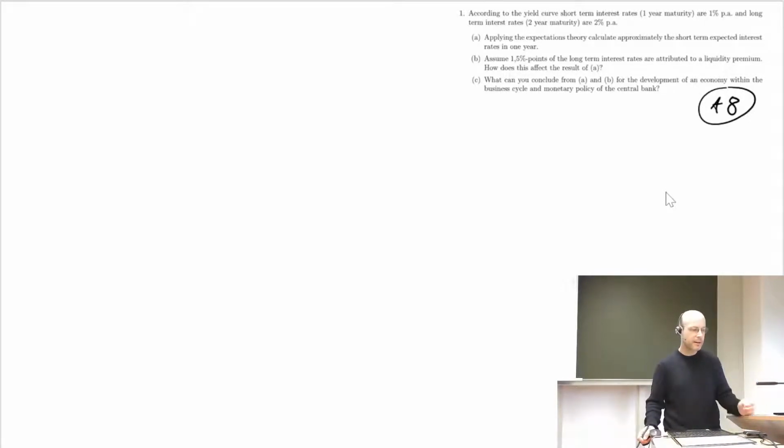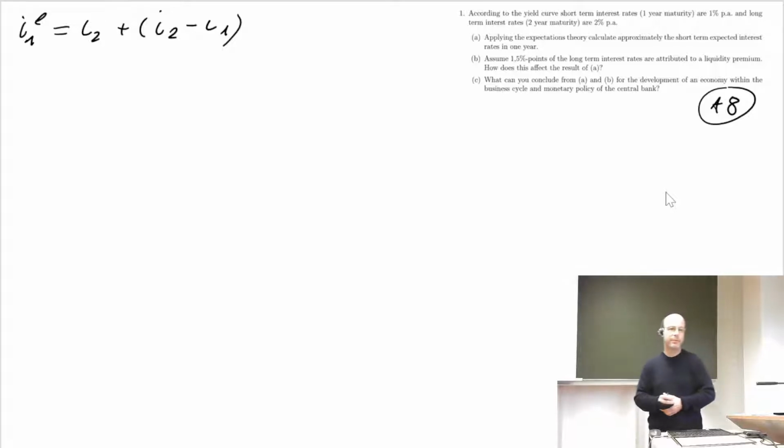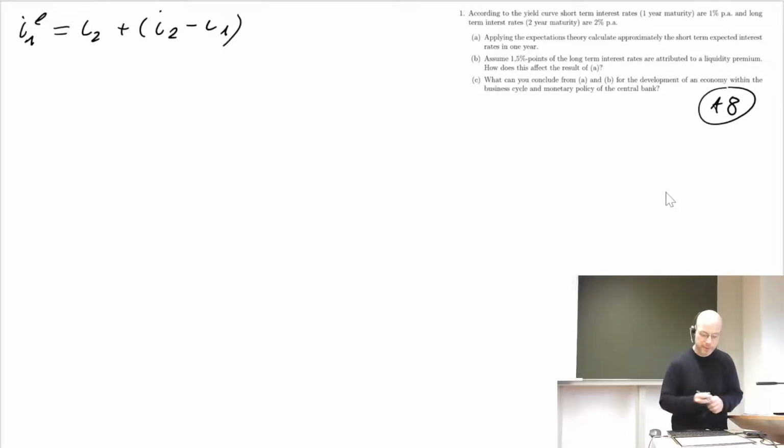So we derived the following dependence, that short-term expected interest rates are approximately long-term interest rates plus the difference between long-term and short-term interest rates. For this, we just put in our numbers.